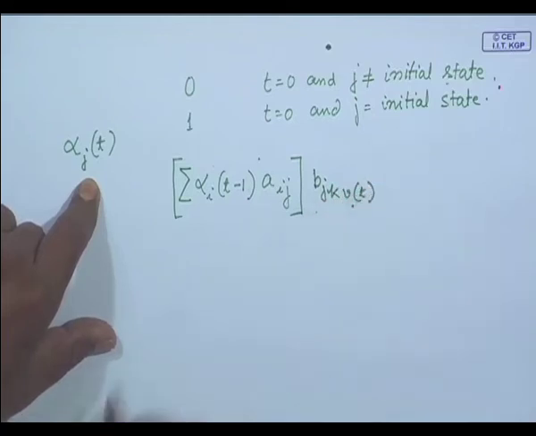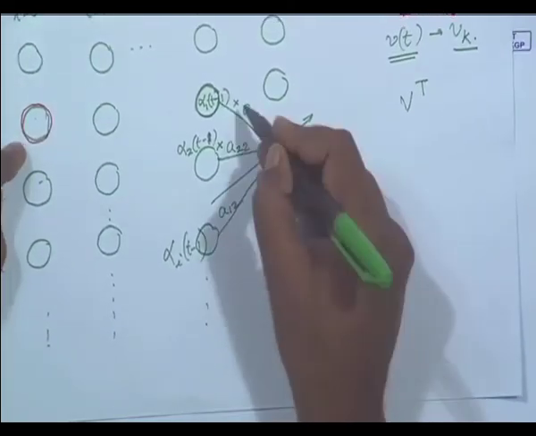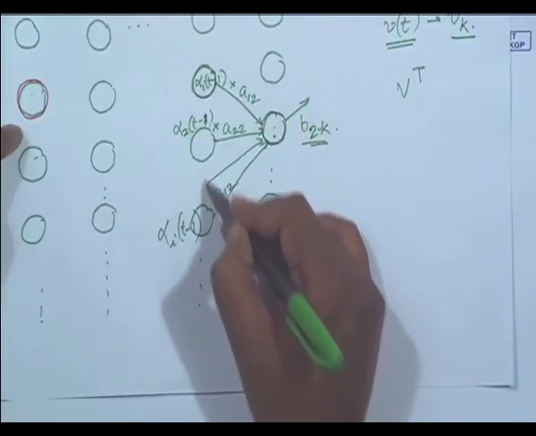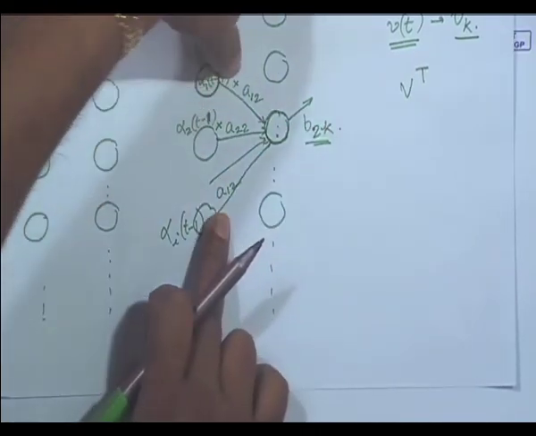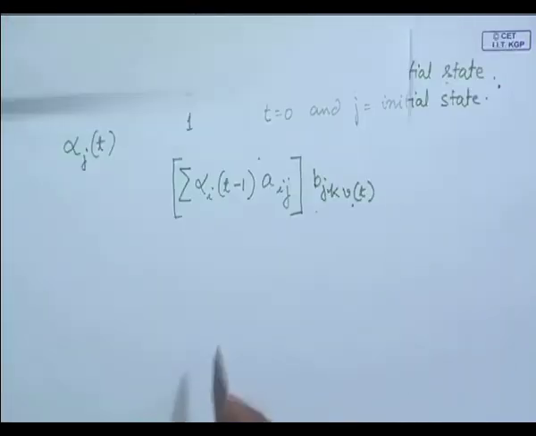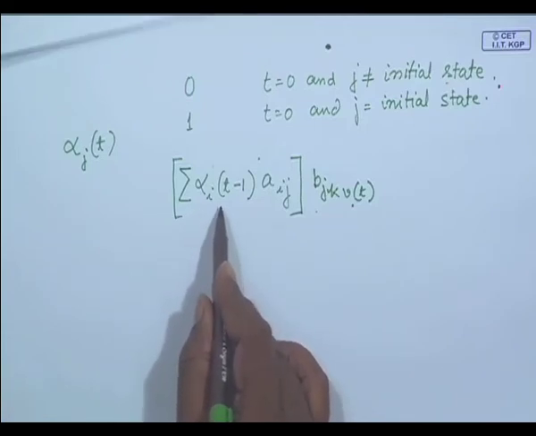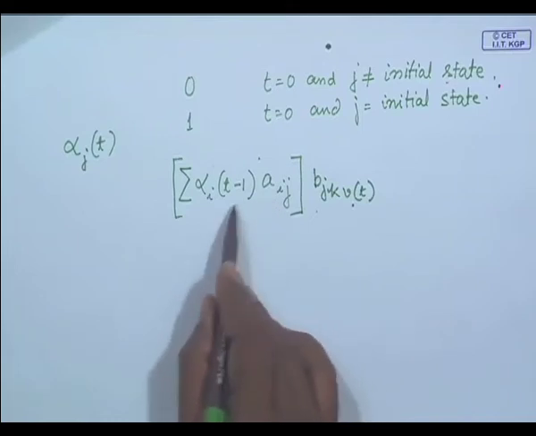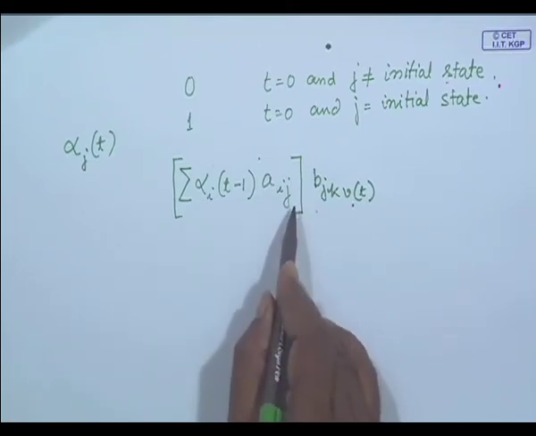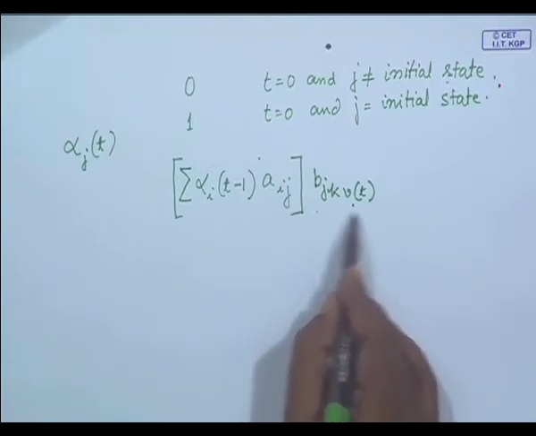Coming to the diagram that we have drawn, if I take the sum of all these products, this is equivalent to the sum of alpha i t minus 1 into a i j, that is, the transition probability from the ith state to the jth state, times b j k v t.